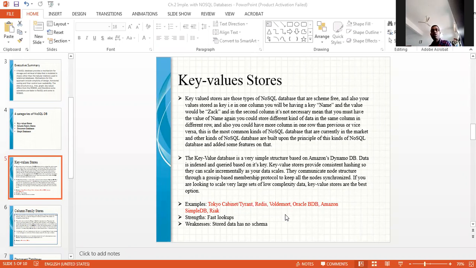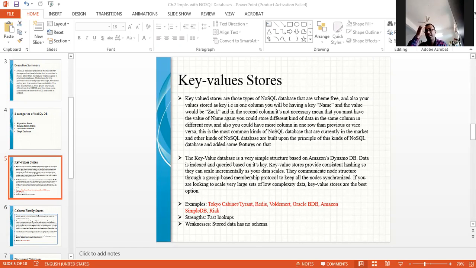If you want to store user session data or shopping cart information, like when we use Flipkart, Amazon, for these preferences, Riak is the most popular database used.